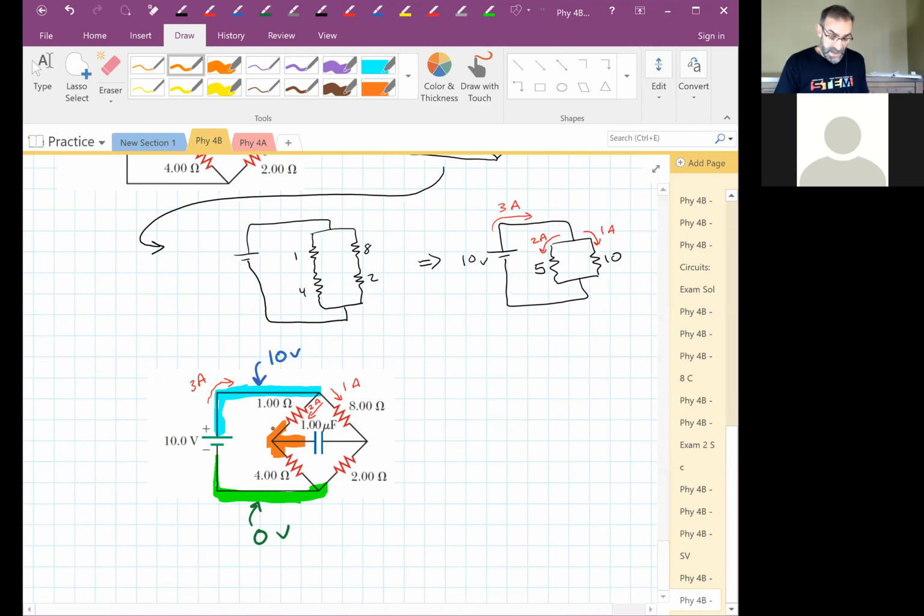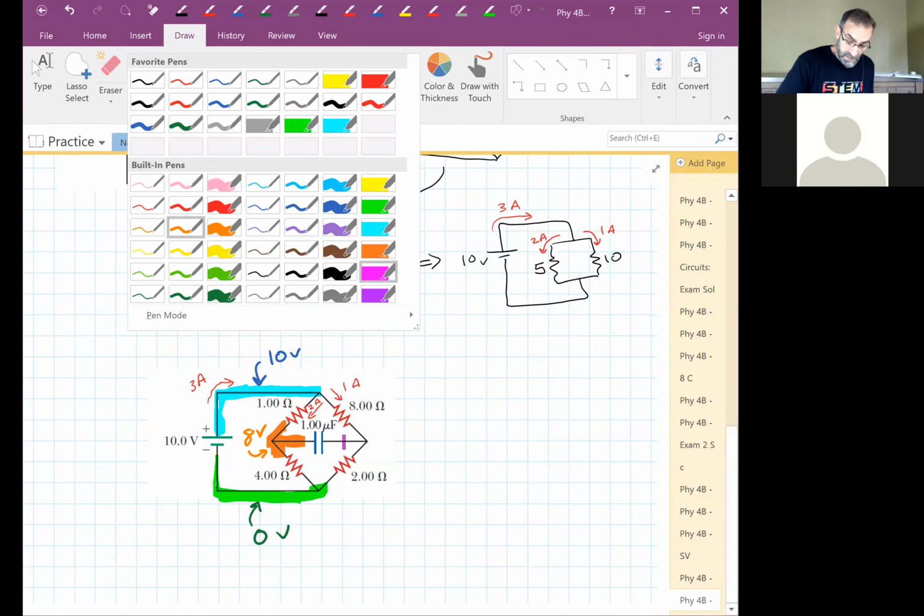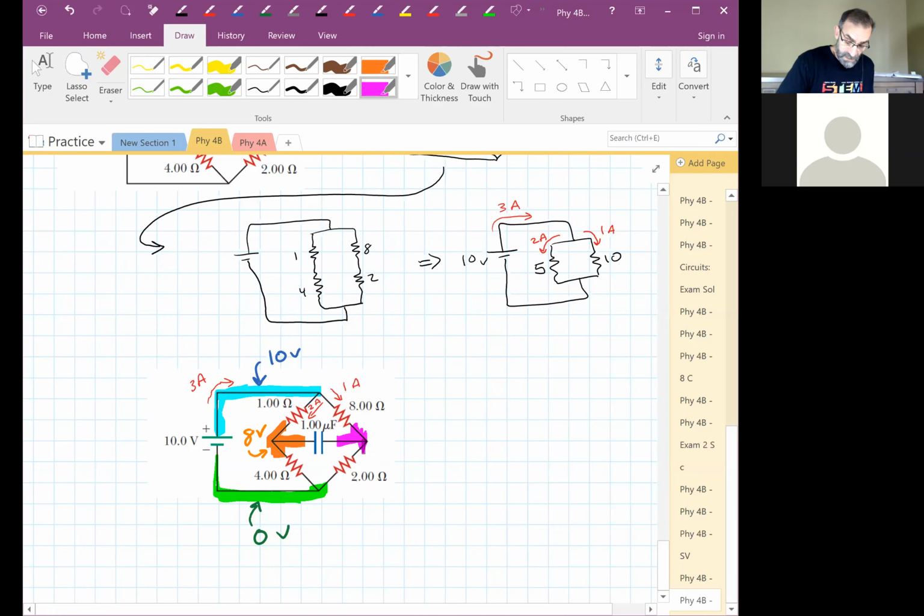That has to be 8 because we have a 2-volt drop. And what is the other side? That has to be 2.